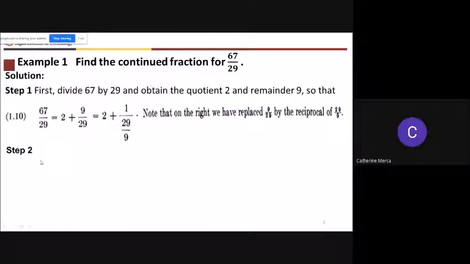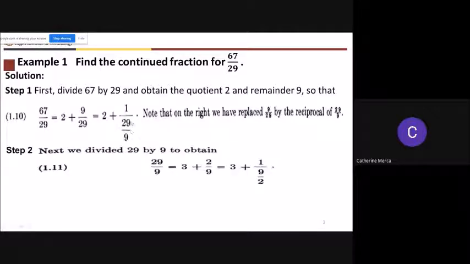And then the next step would be to divide 29 by 9, so that your 29 over 9 is now replaced as 3 plus 2 over 9, because when you divide 29 by 9, that is equal to 3 times, diba? 3 times 9 is 27 with a remainder of 2. So you will now have 3 plus 1 over 9 over 2 in place of 29 over 9.